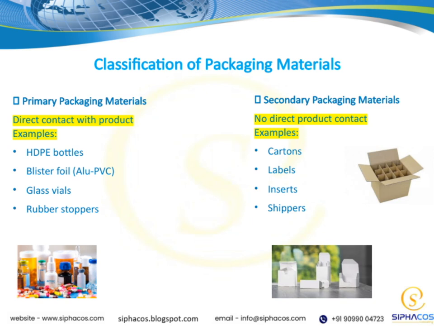These materials are designed to be compatible with the product, preventing contamination and preserving quality. Connecting this to our overall theme, understanding the difference between primary and secondary packaging helps us ensure that we select the right materials for both safety and efficiency. Proper classification supports quality control and regulatory compliance, which are vital in our industry.